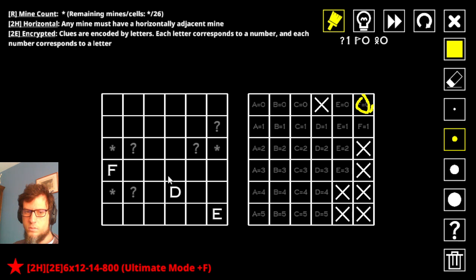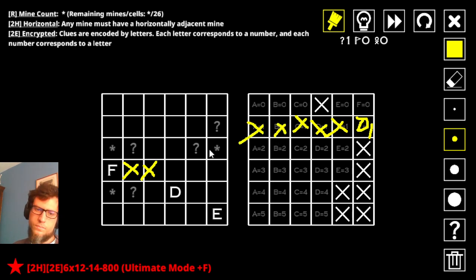If F is 0, then that happens, and that's kind of all that happens. But if F is 1, then this happens and that happens, and now the D needs one more because it can't be a 1. I don't know. But no, that's really not telling me anything, is it?